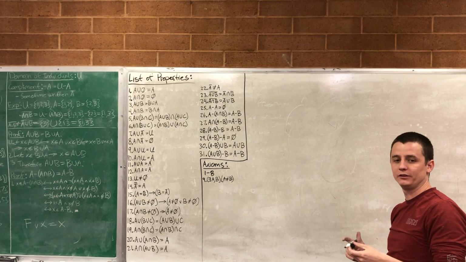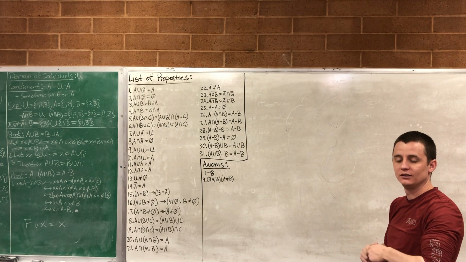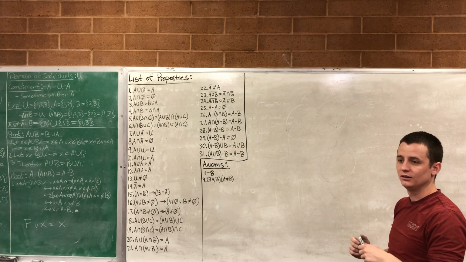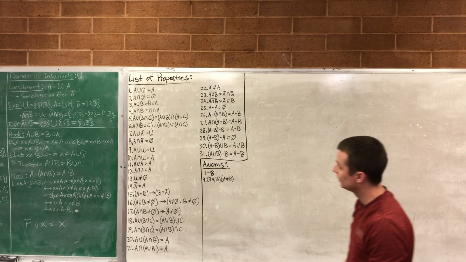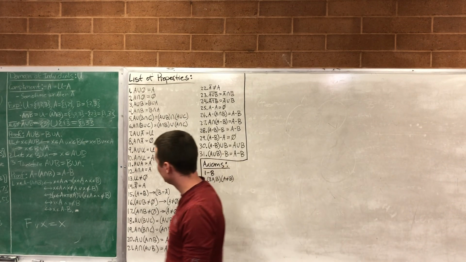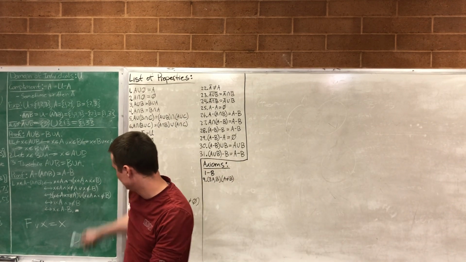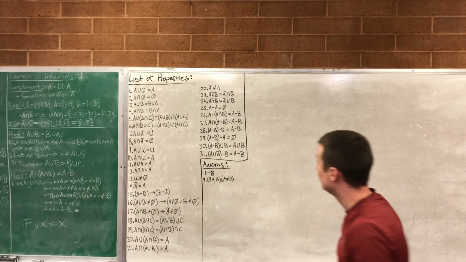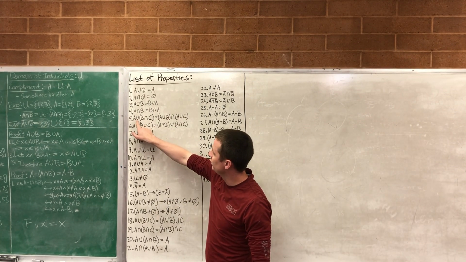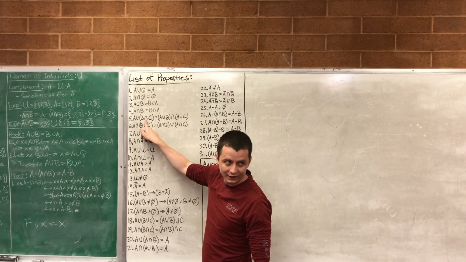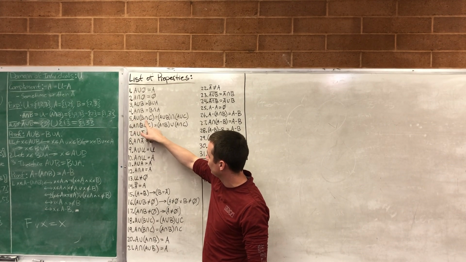Anyways, so let's prove number 5. Someone want to prove it? It's almost identical to what we did here. You can already see, if you think about unions like ors and intersections like ands, you're distributing an or across an and.